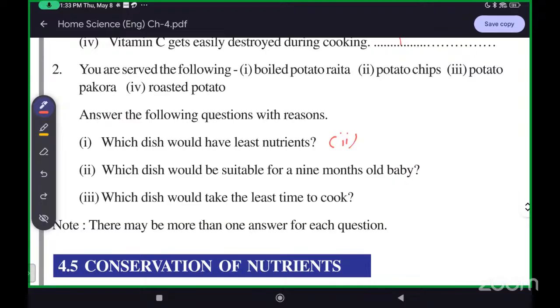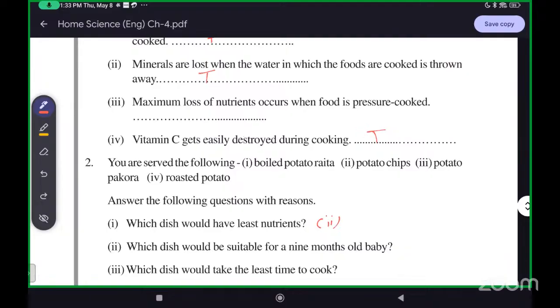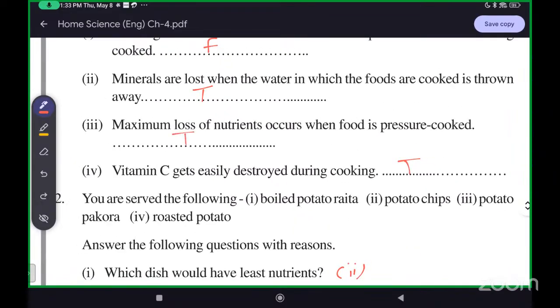Next one. Okay, I checked it out. This is true, sorry, this is false. Because pressure cooking involves heat and some nutrient loss can happen, but it also preserves some nutrients compared to other methods.